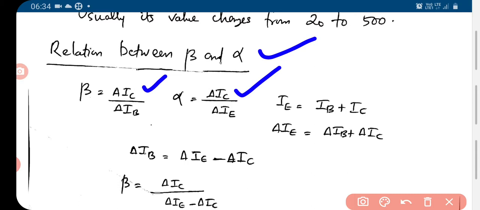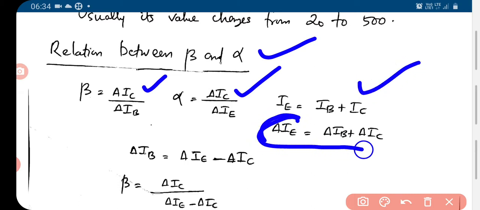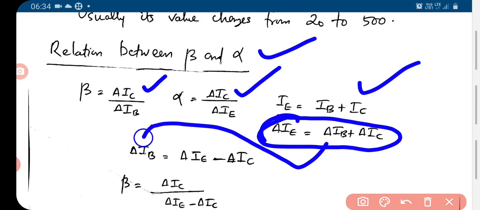So here, delta IE is IB plus IC. So we can write delta IE as equal to delta IB plus delta IC. From this we can get delta IB as delta IE minus delta IC.